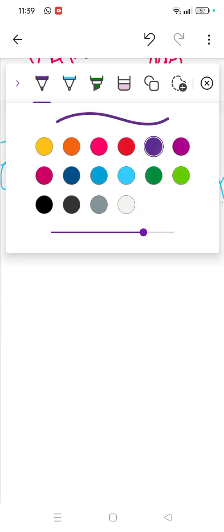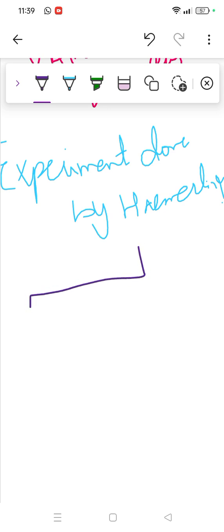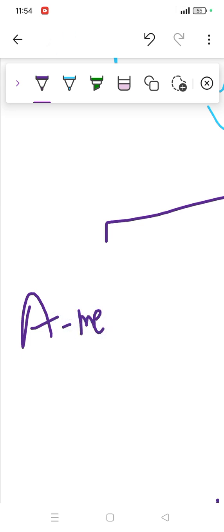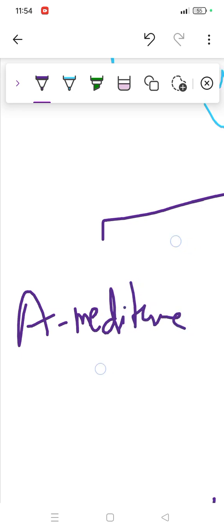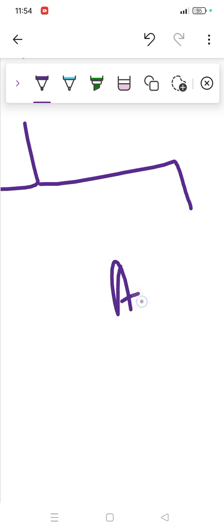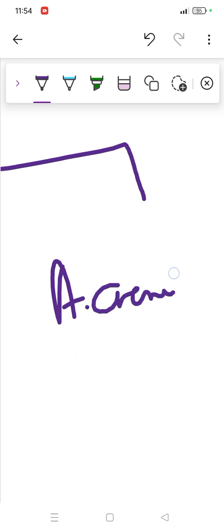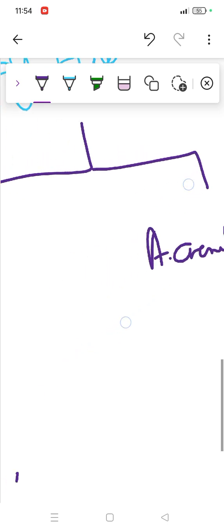The first one was Mediterranea. So that's basically Mediterranea. And the second part is called Acetabularia crenulata. So what are these? We have taken two examples.